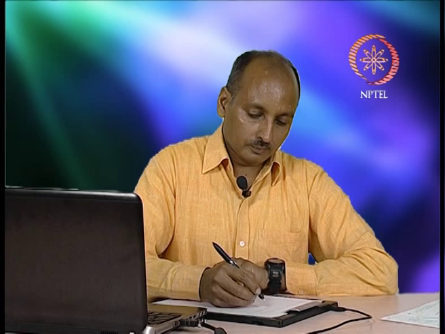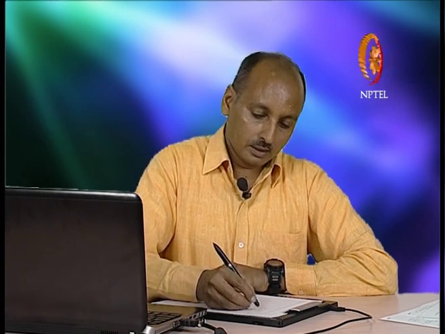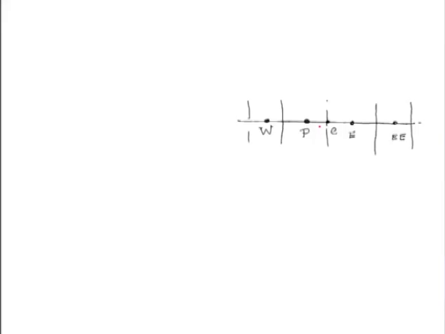So, our eastern phase, this is one cell, to the next cell, our computational node capital P, capital E, capital EE, and the western node capital W. Now, let us have a look at the phase center small e, where we want to obtain the approximation of our function variable.